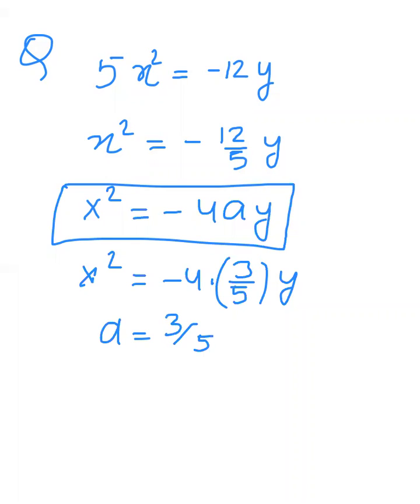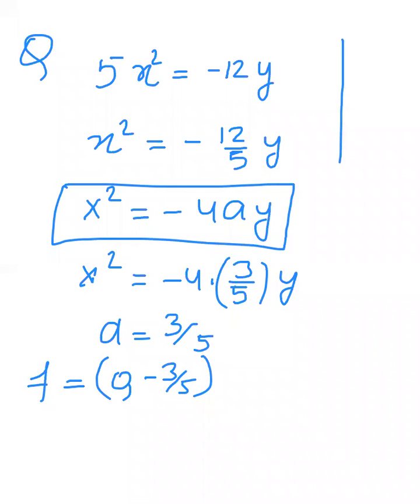Now whatever they want to ask us, like focus, the coordinates of focus in this parabola will be 0, minus a, means 0, minus 3 upon 5. This is the coordinate of the focus.